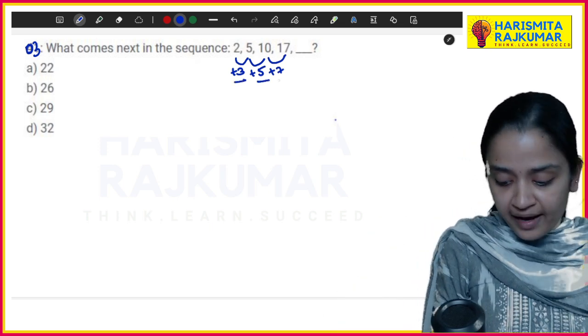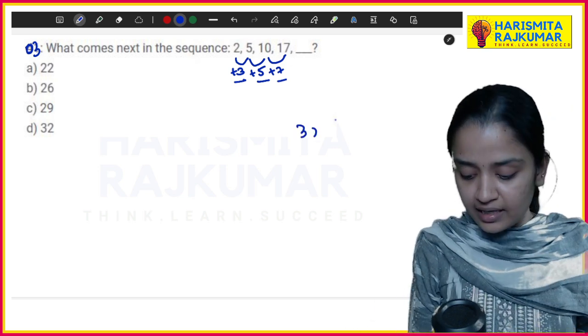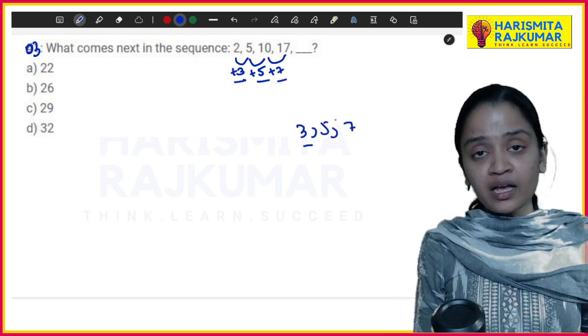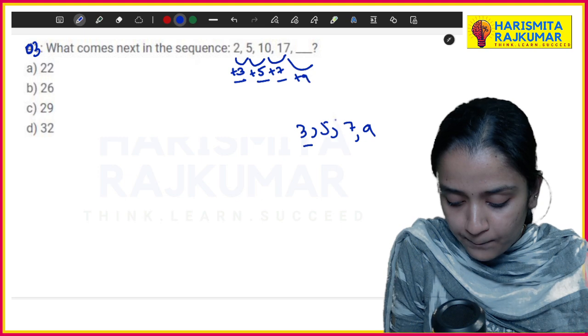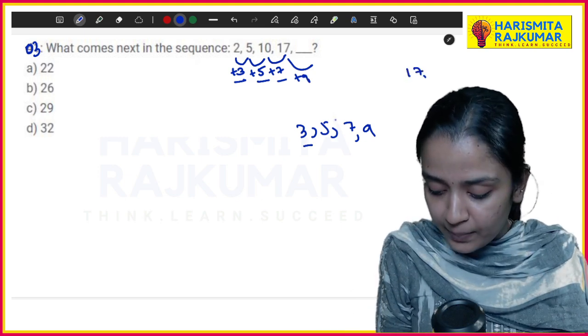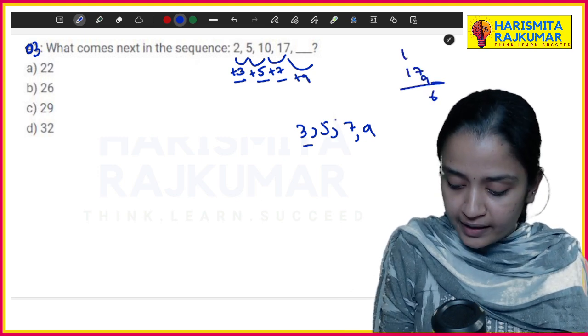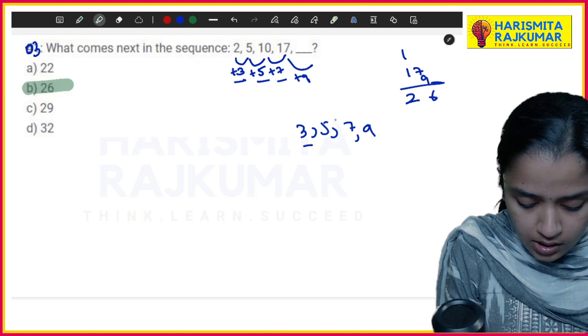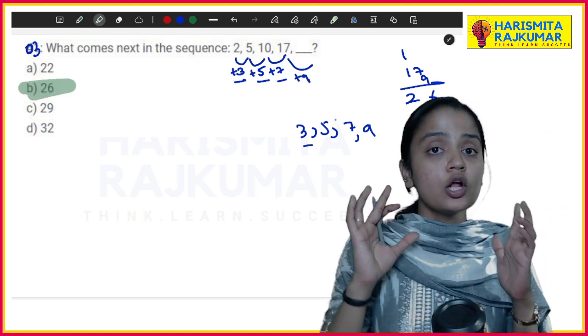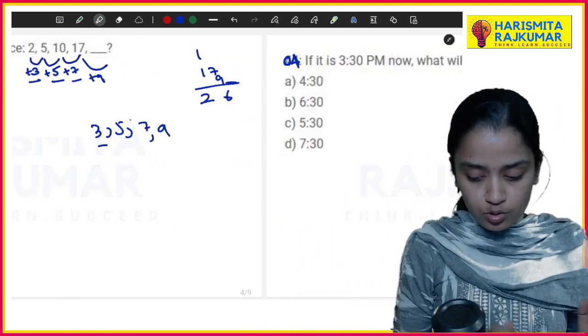So 3, 5, 7. You have a pattern, right? 3, 5, 7, each 2 greater than the previous. So 2 greater than 7 is 9. So 17 plus 9, what will you get? You will get 26. So the answer for this question is 26. I hope you understood this sum.